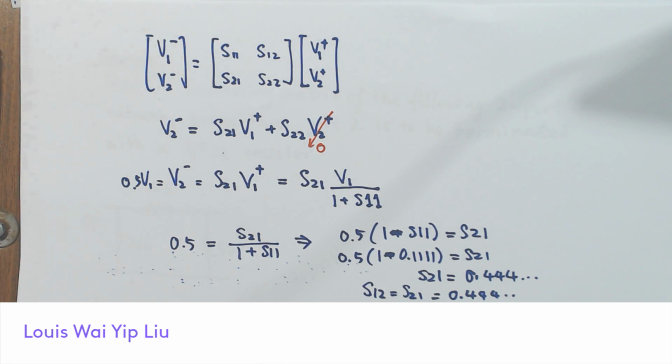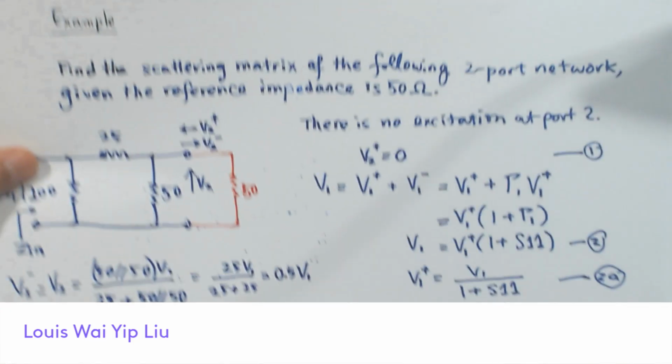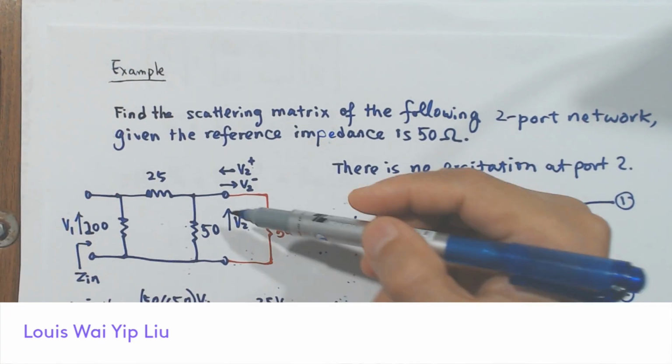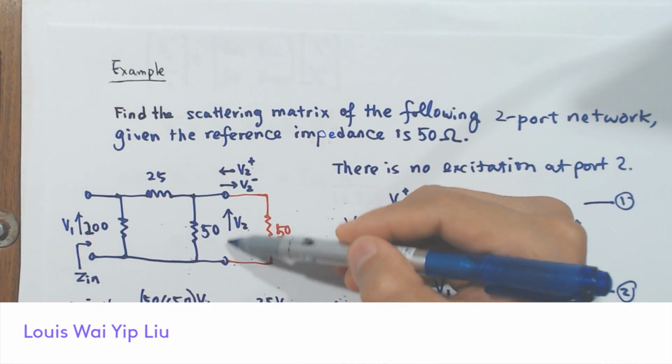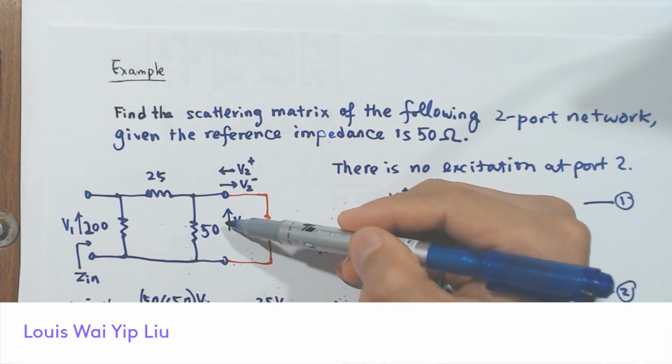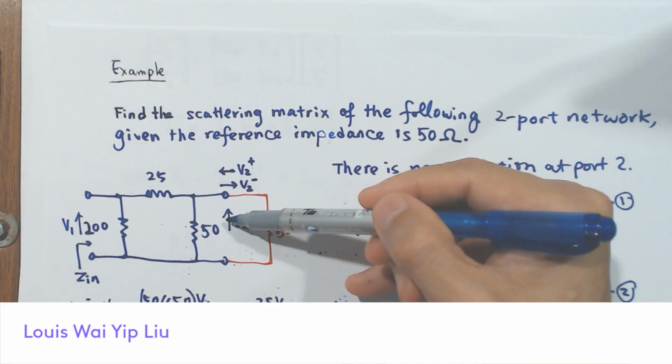So now we found S11 already, we found S12 already, and we found S21 already. So what is left here is S22. And how can we find S22? We can take advantage of the reflection coefficient at this point. In this case, we need to find out the output impedance.